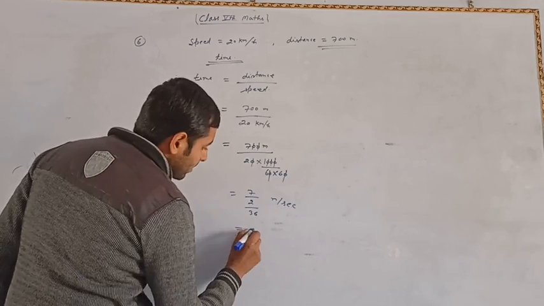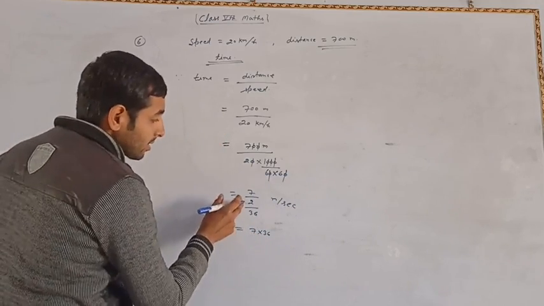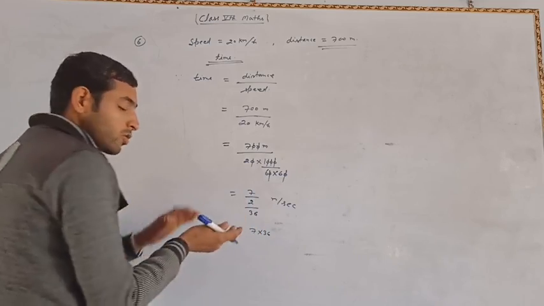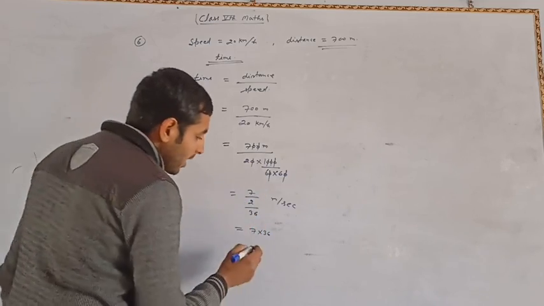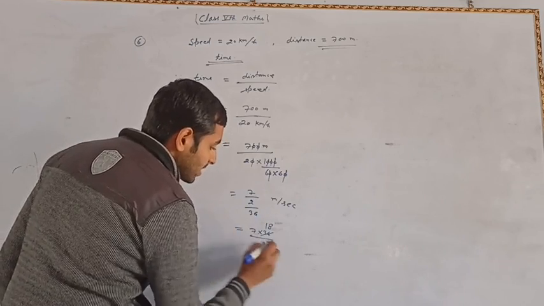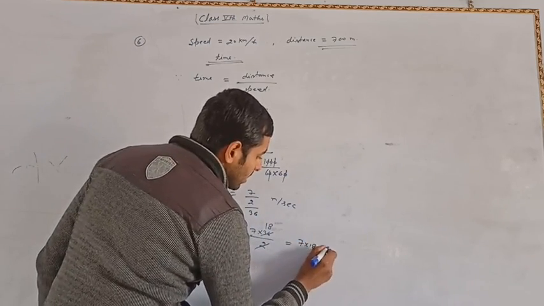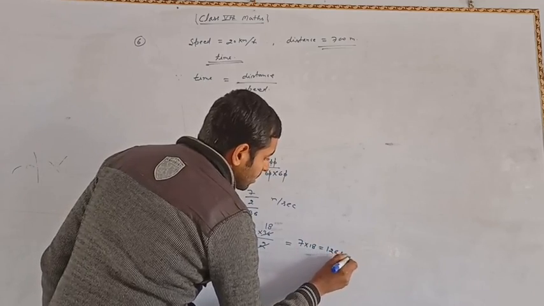So from here we get 7 into 36 upon 2, because it is a fraction, so the fraction converts. 2 18s are 36. Then from here we get 7 into 18 is equal to 126 seconds.